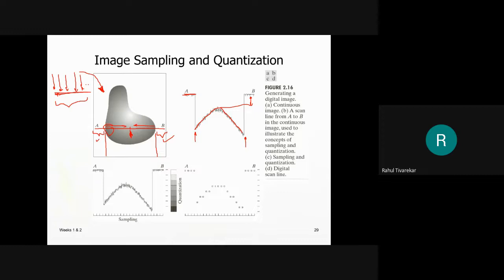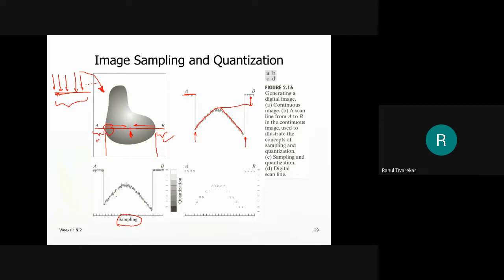We will consider samples located at equidistant positions, just to make it a discrete graph, and that is called sampling in the spatial domain. That results in the small squares that you see on this particular graph, because of spatial coordinate sampling.